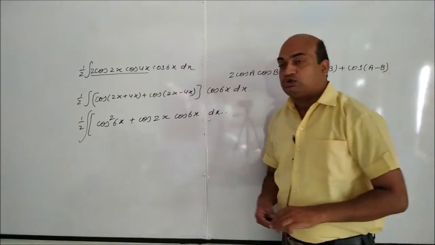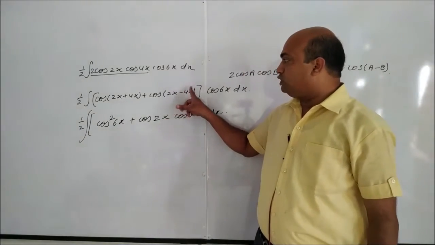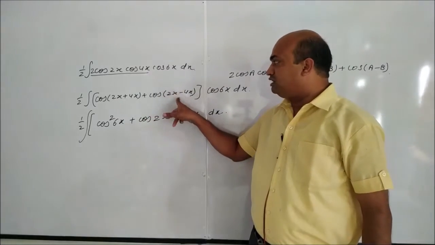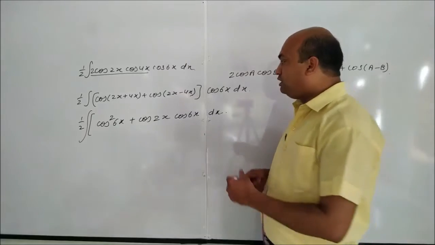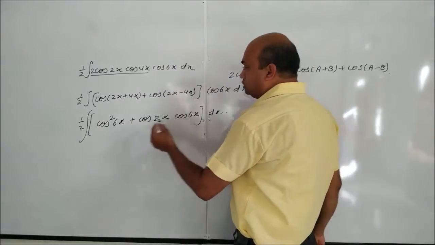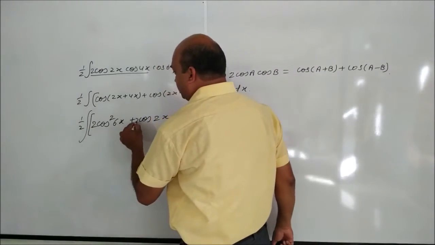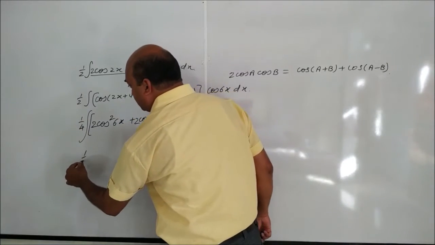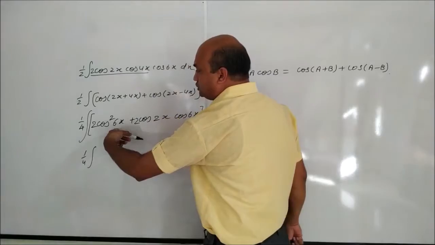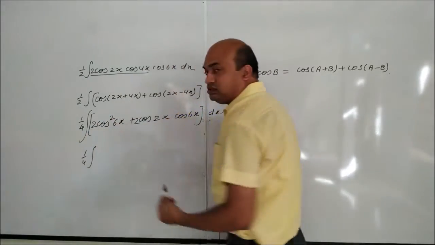Okay, now question is, this 2x minus 4x is minus 2x, but cos of minus theta is cos theta only, so this remains the same. Again we multiplying and divided by 2. So multiplied by 2 and divided by 2. Outside it will become 1 by 4. Integration, this 2 cos square 6x.